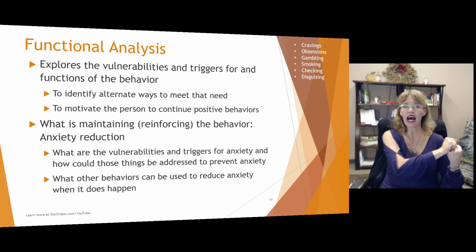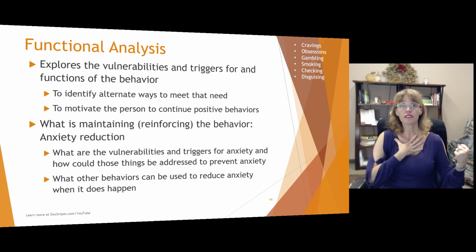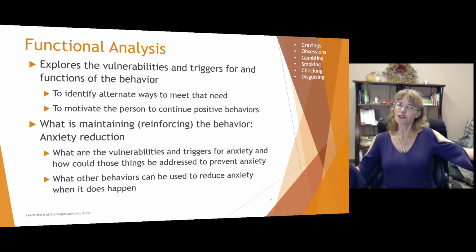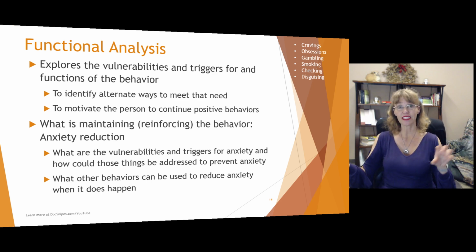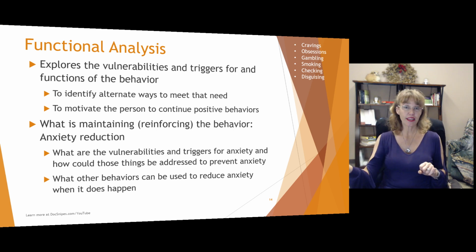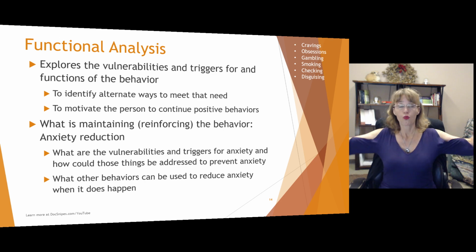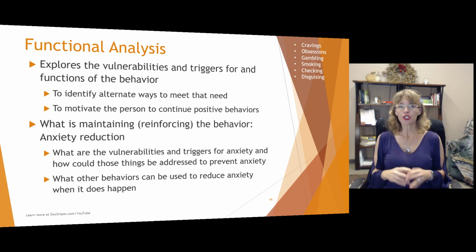The compulsions are designed to stop the obsessions. The compulsions are designed to help them feel safer and less anxious. So when we address the underlying issues that are causing them to feel unsafe, we give them other tools to help them feel safe and empowered, we're addressing that issue. So we need to identify alternate ways to meet the need.